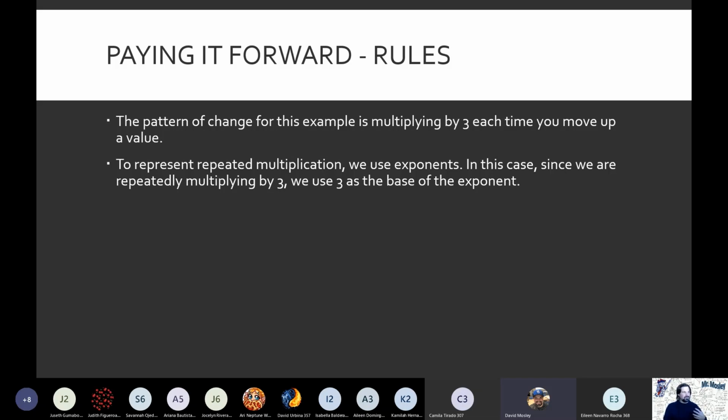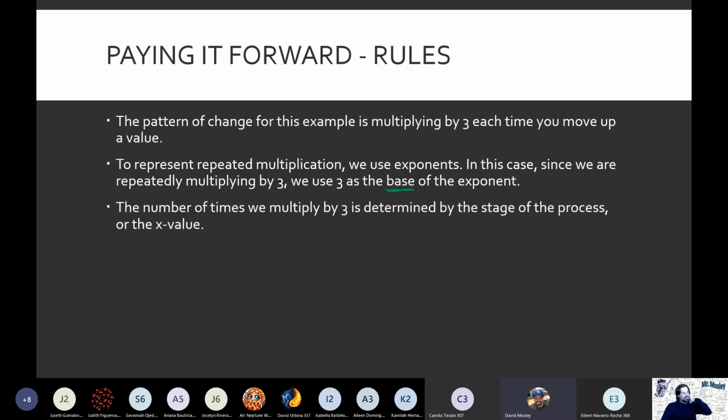To represent repeated multiplication, we use exponents. In this case, since we are repeatedly multiplying by 3, we use 3 as the base of the exponent. The base of an exponent is the big number. The exponent is the little number. The number of times we multiply by 3 is determined by the stage of the process, or the x value.